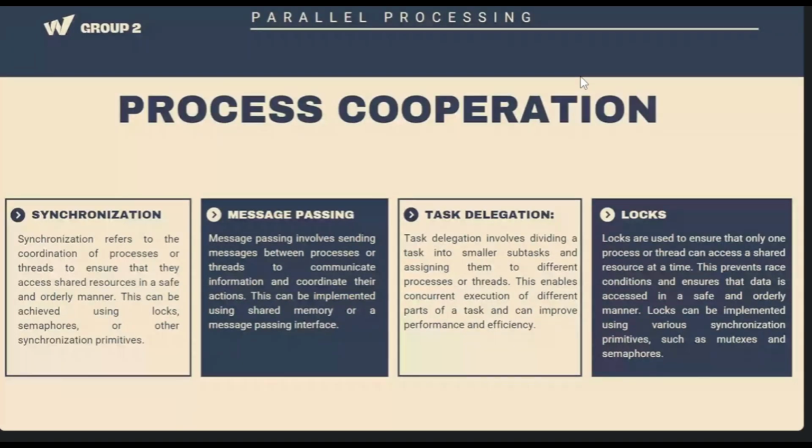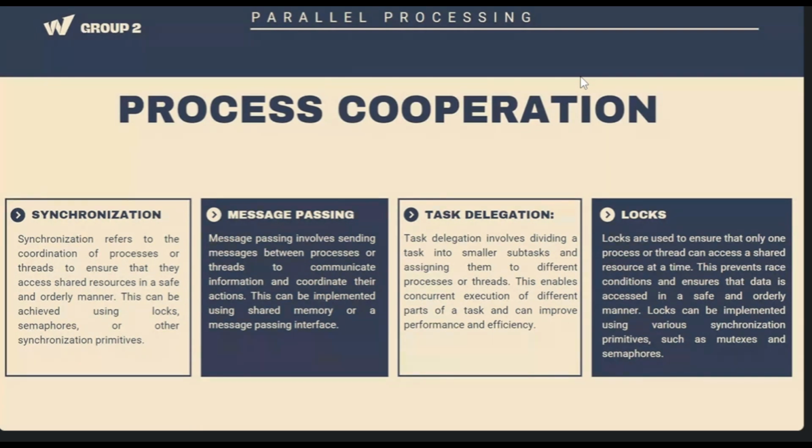So, ang process cooperation pod kay naay gitawag nga synchronization, which refers to coordination of processes to ensure that they access shared resources in a safe and orderly manner. The next is message passing, which involves sending messages between two processes or threads to communicate information and coordinate their actions.